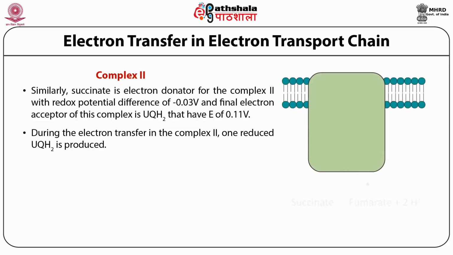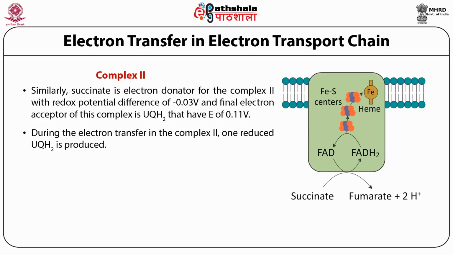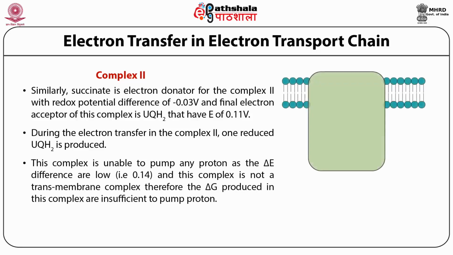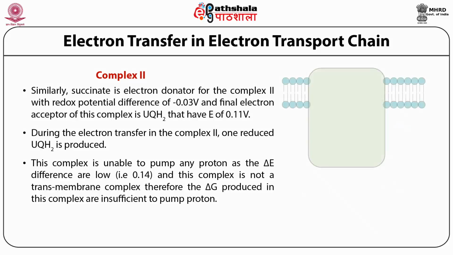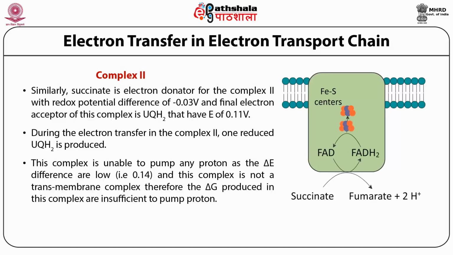During this electron transfer, one reduced ubiquinone is produced, but this complex is unable to pump any proton. There are two reasons for it. First, it is not a transmembrane complex.